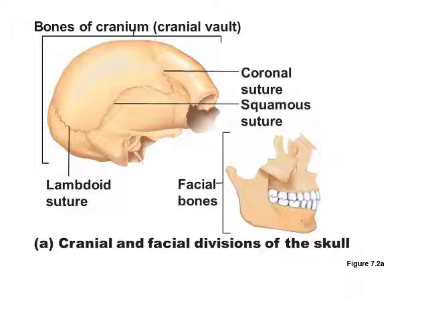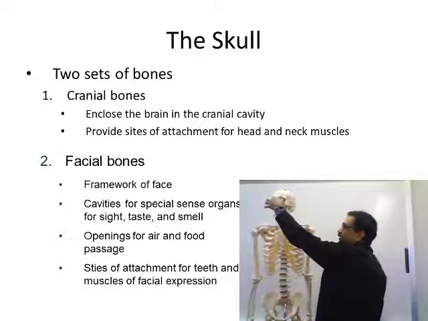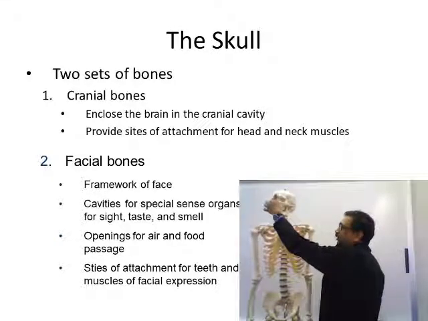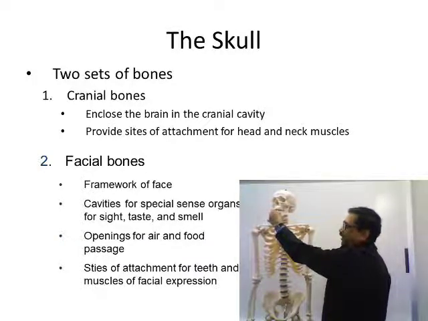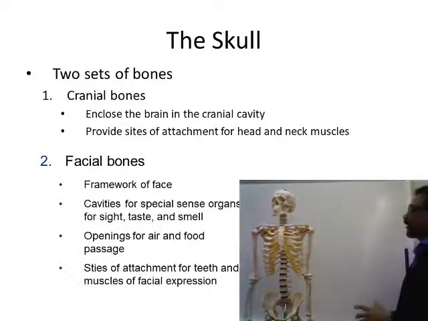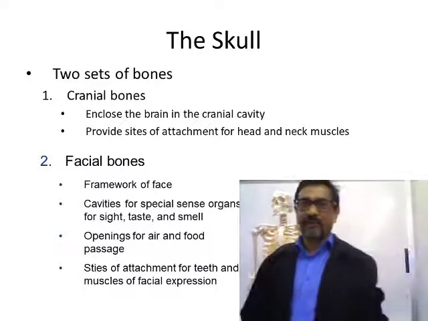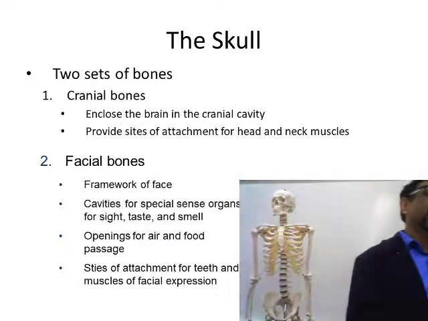You already know the orbital fossa for the eyeballs, right? Nasal cavity for the nose. Oral cavity for the tongue and other structures. So those important sensory organs are housed in those cavities formed by the facial bones.